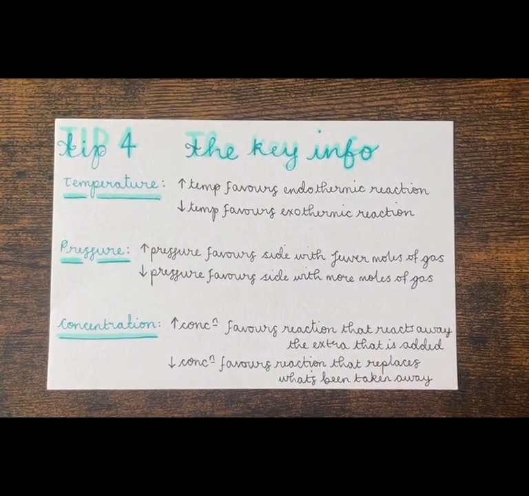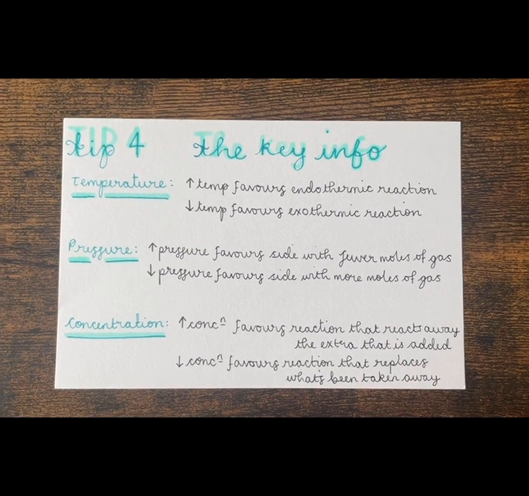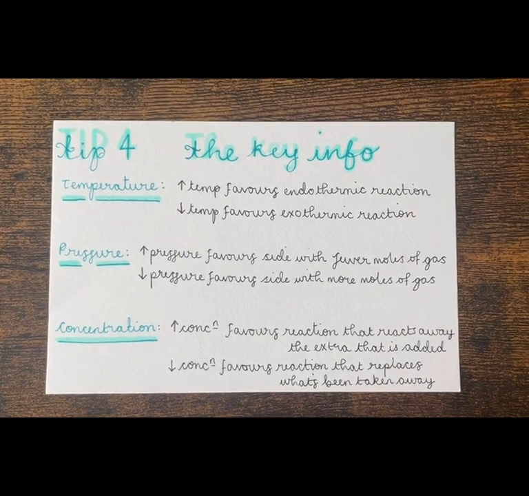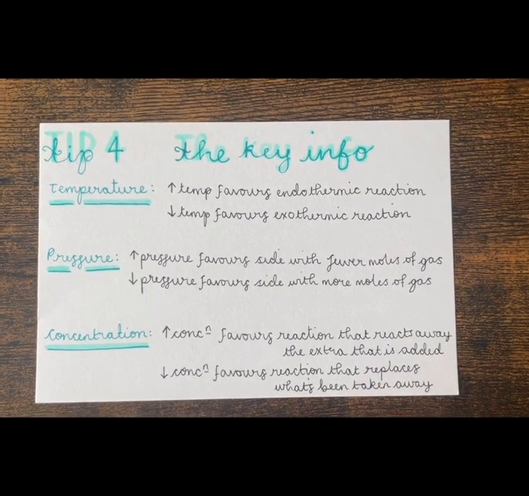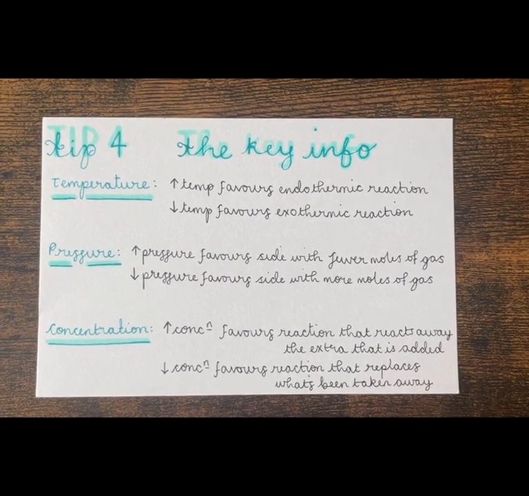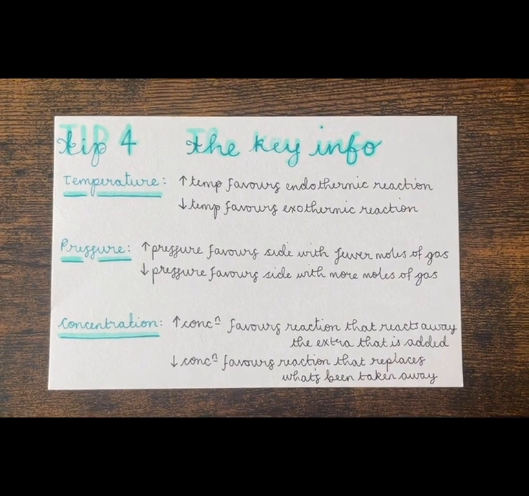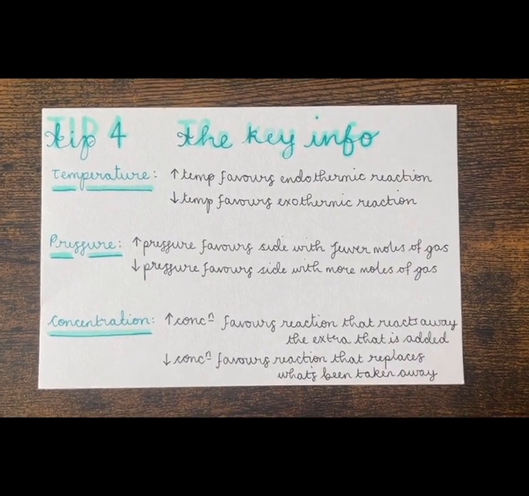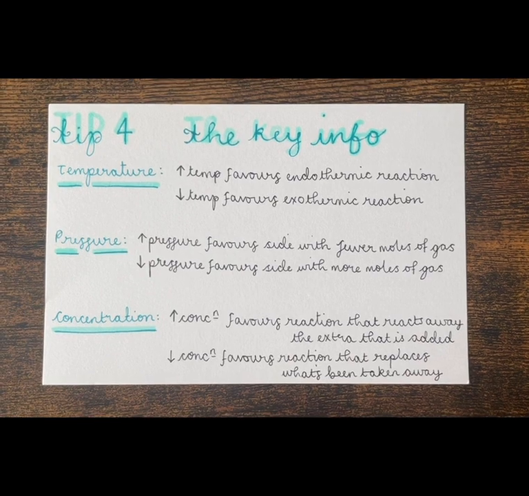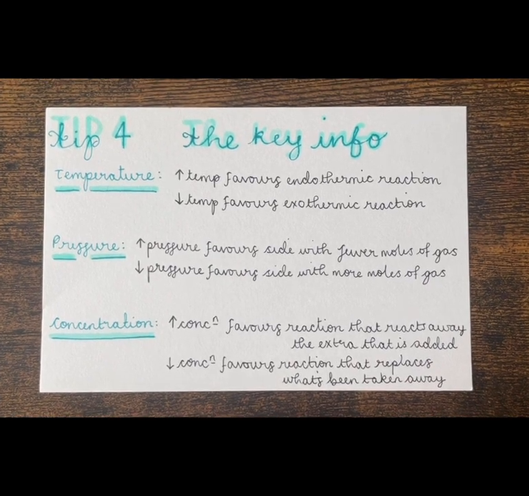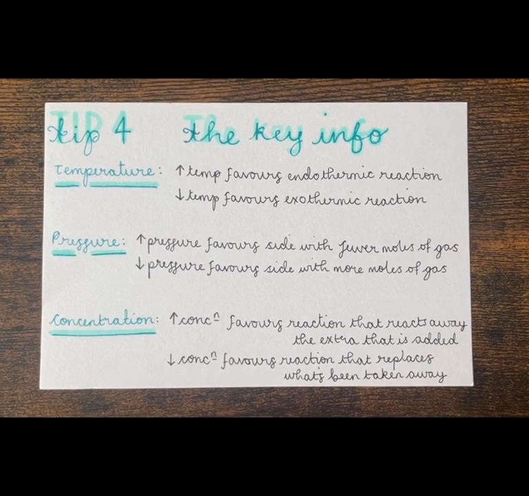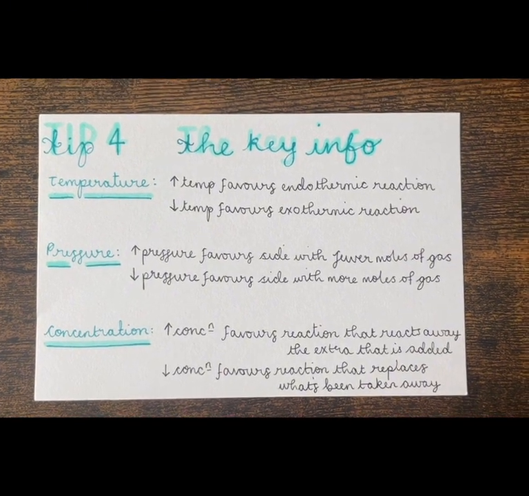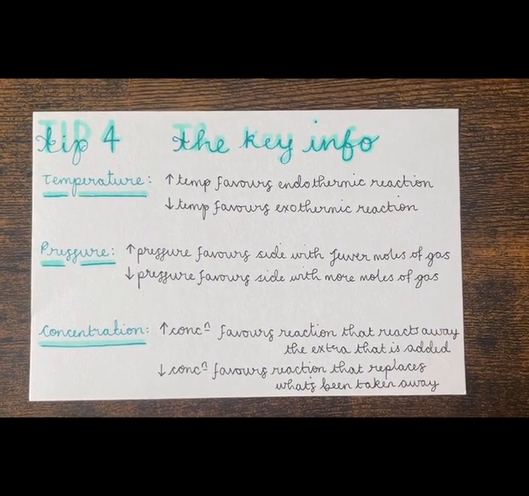Now, concentration is a bit trickier because there's kind of 4 different things that we could do. We can increase the concentration of either the reactants or the products, or we could decrease the concentration of either the reactants or the products. So I've tried to word it so there's only 2 scenarios here. Anytime we increase the concentration of something in my equation, it's always going to favour the reaction that is going to react away the extra that is added.